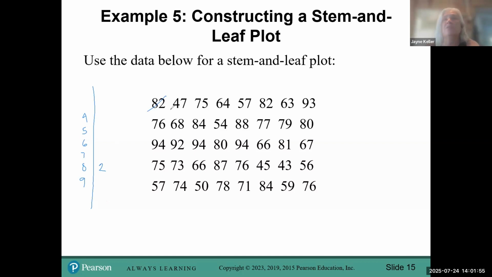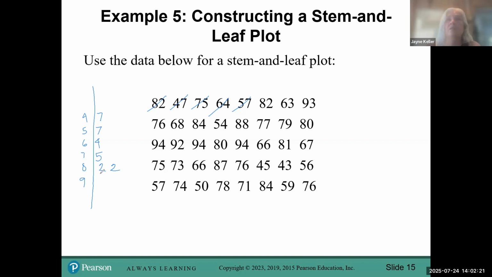And then this number is 47. So over here in the leaves, I'm going to put a 7. And then 75, I go down to the stem of 7 and I put a leaf of 5. For 64, I go to 6 and then I put a 4. For 57, it's going to look like that. Now I've got another in the 80s, so I come down here and write another 2.